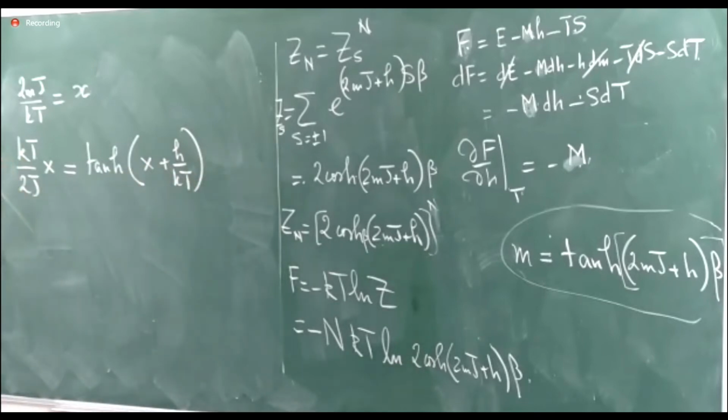So kT over 2J times x is tanh of x plus h over kT.